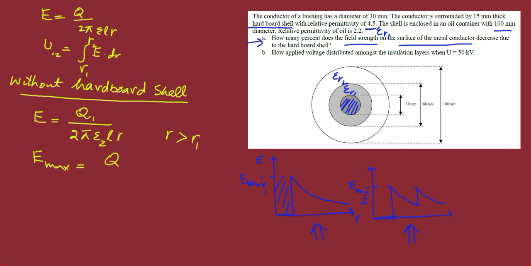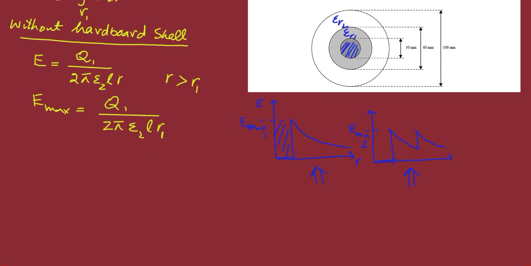So Emax1 equals Q1 over 2 pi epsilon 2 L r1, where r1 is the surface of the conductor. Now we need to determine the value of Q. This is our equation 1.